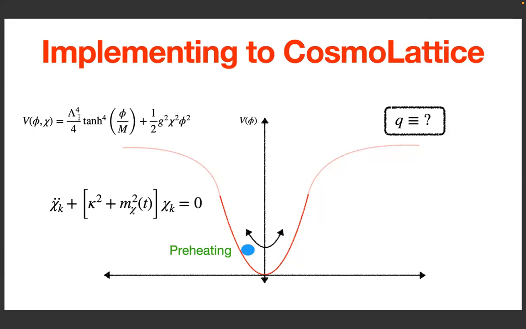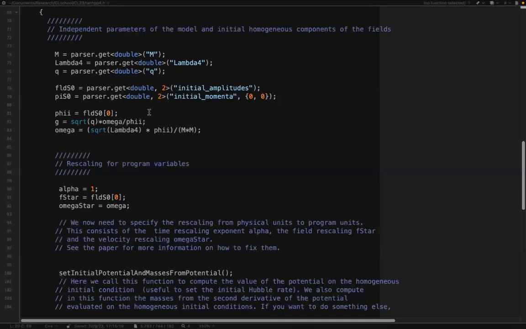We will have here that term that I already showed you, and here we will have another term, and whatever remains here multiplied times the chi square phi square in program variables will be what we call the resonance parameter Q. And this is what goes here. And I define what will be my omega, which is lambda square divided by m square times phi star.